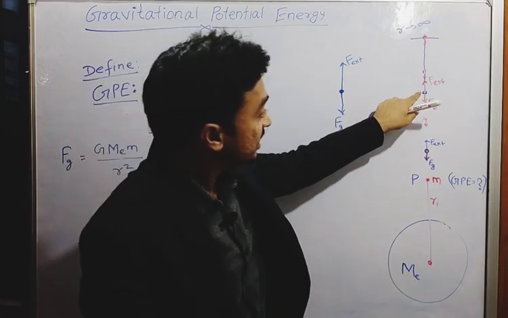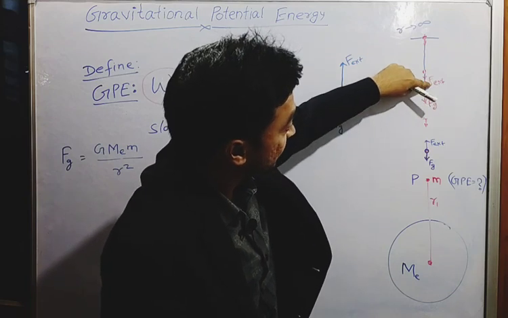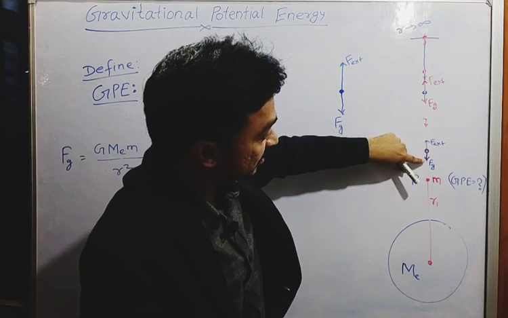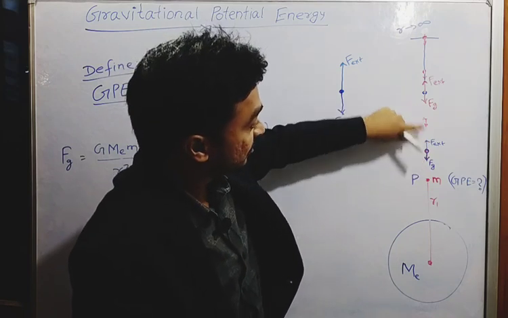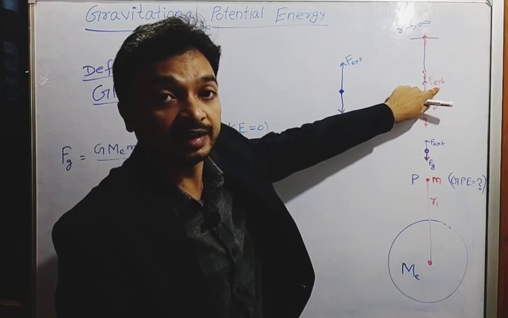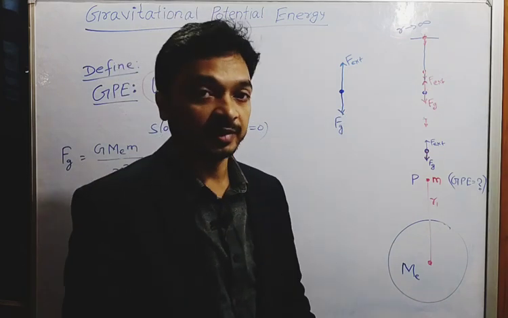To balance this, at this place the external force is equal to the gravitational force, and at this place also the external force is equal to the gravitational force. The gravitational force is varying, which means the external force acting on it is also varying.